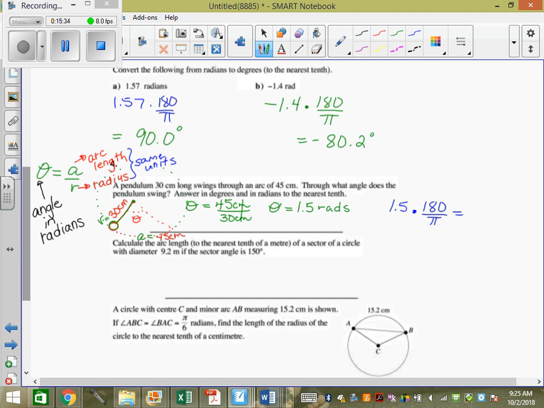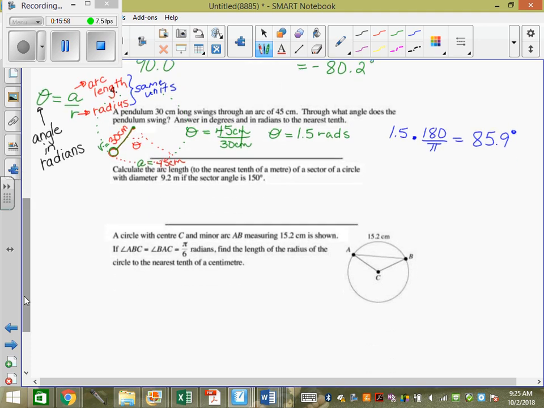Remember, you should be trying these in your calculator, because just because I can do them doesn't mean you can. So we always have to practice. 85 decimal what? 9. Degrees. If I don't put the degree symbol, what is it? Radians. Yeah.